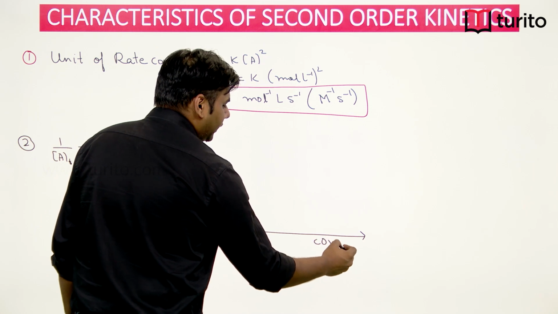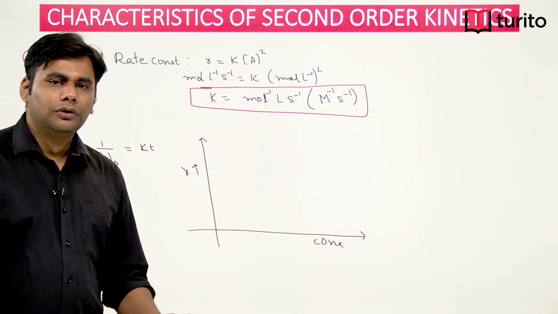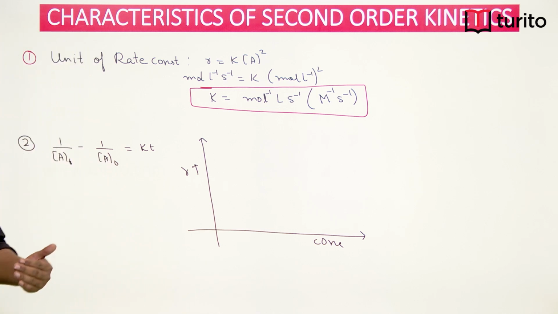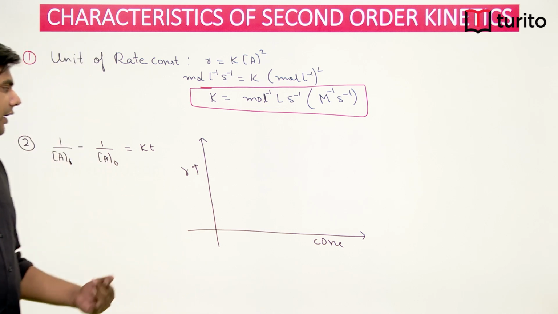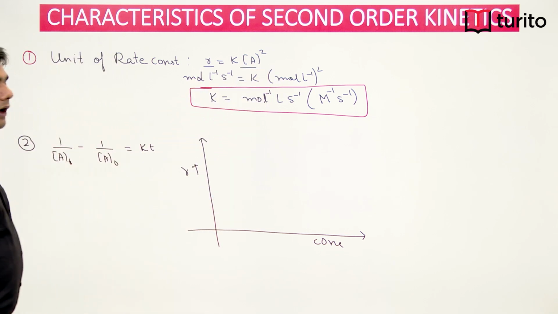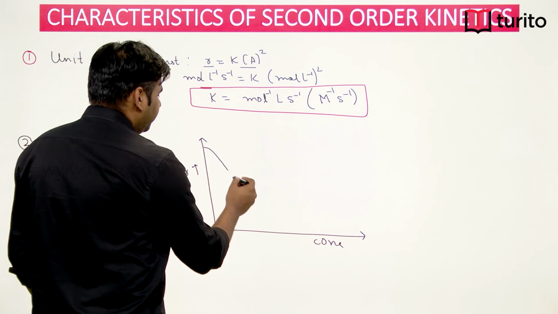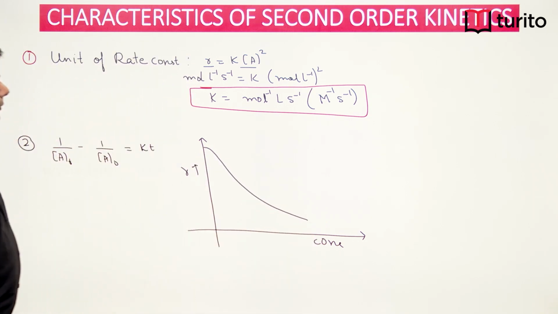Now we know that rate is equal to K into concentration of A raised to power 2. So basically it will have a parabolic type of graph. So this would look something like this. It is maximum at the initial and it is decreasing.